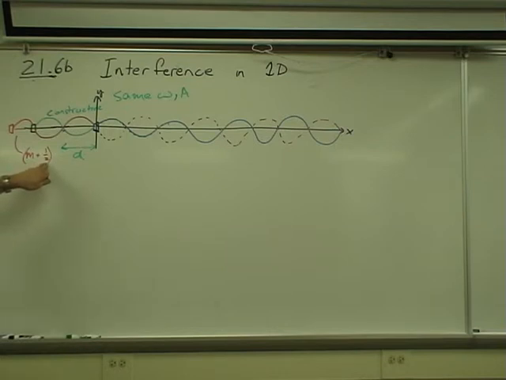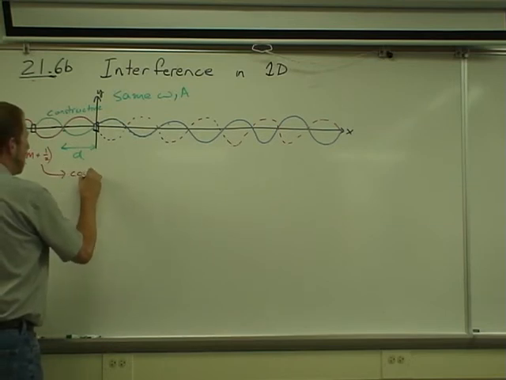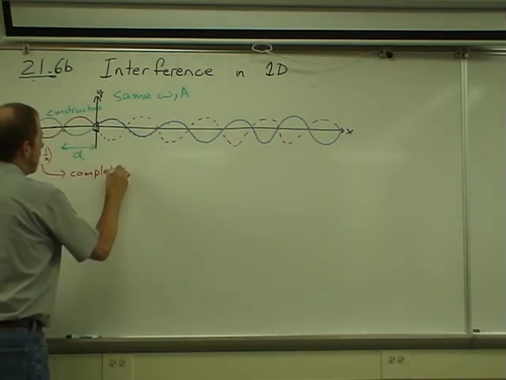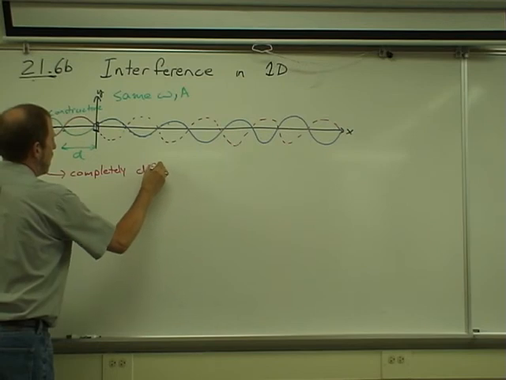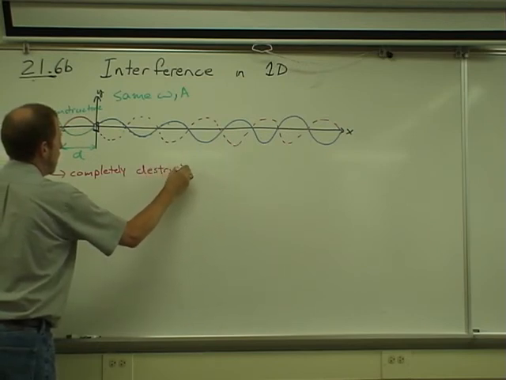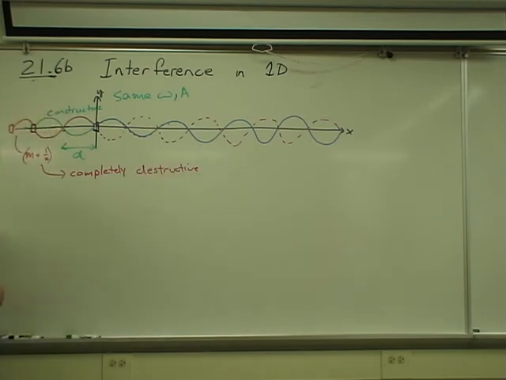So if the difference between them is half a wavelength, then this will be completely destructive interference.